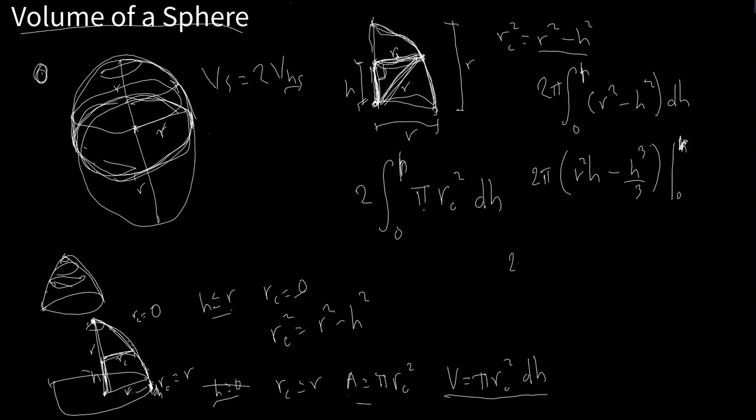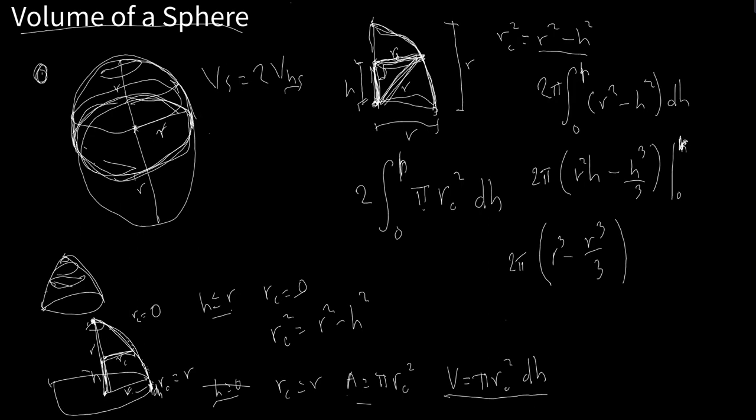So it is going to be 2 pi times, we evaluate this first using r, so this is going to be r cubed, because when h is r, this is r squared times r, minus r cubed over 3. And then when it's 0, obviously, all of these are just 0, so it doesn't matter, since h will be 0.